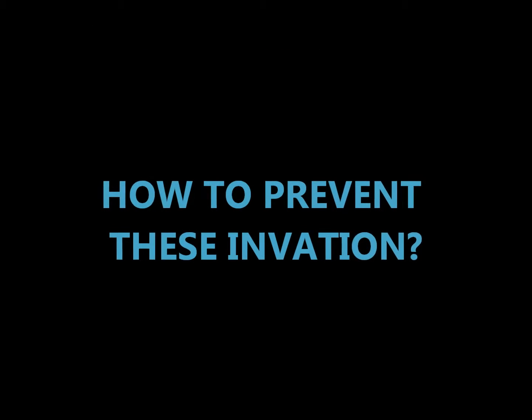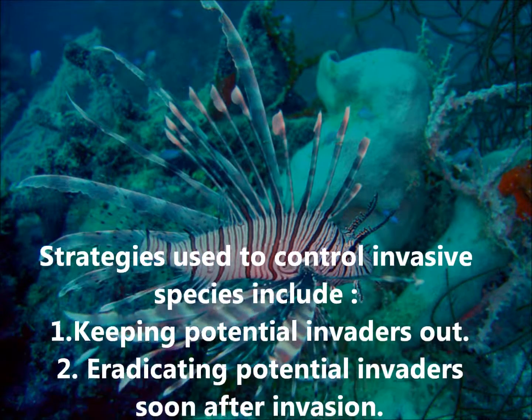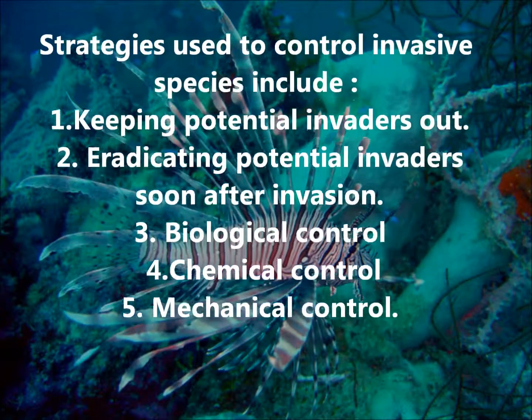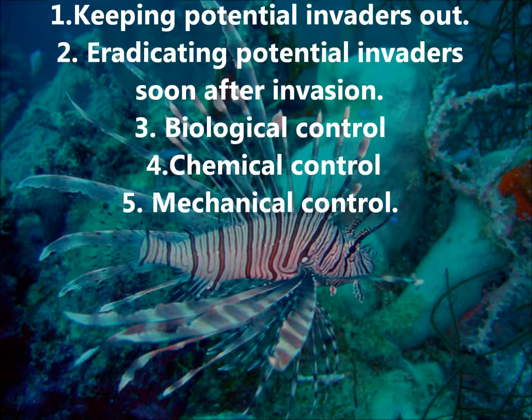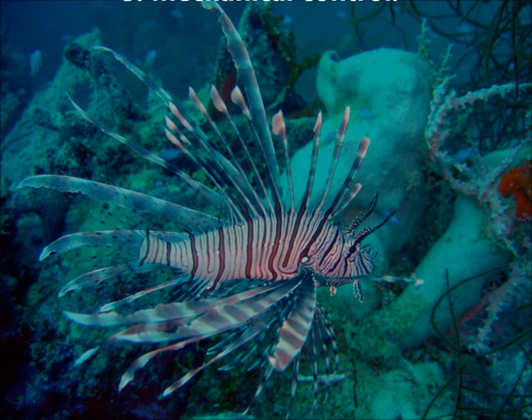Now, how do we prevent the invasion of these species? Strategies used to control invasive species include keeping potential invaders out, eradicating potential invaders soon after invasion, biological control, chemical control, and mechanical control.